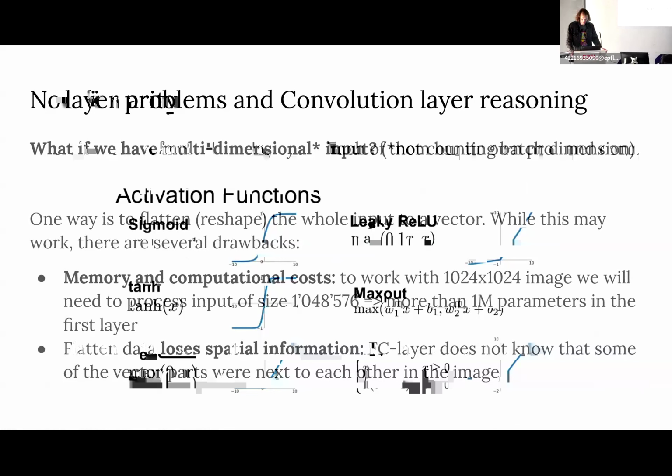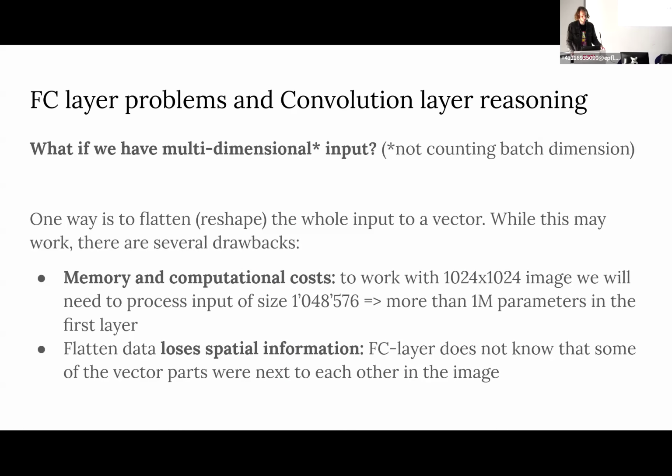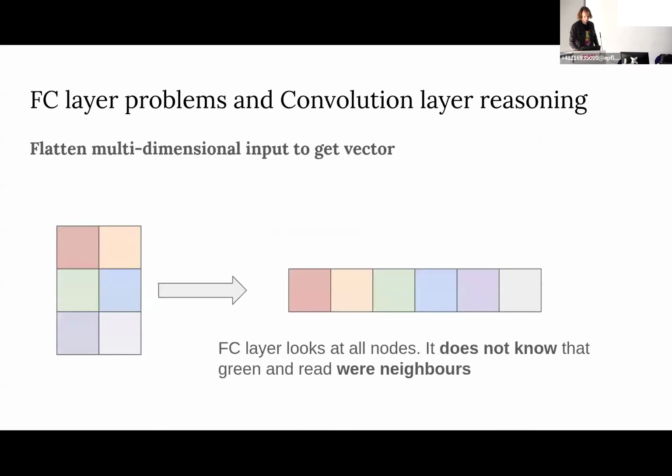One way, as already written by someone in the chat, is to flatten or reshape the whole input to a vector. It's something like this. We have a matrix and we take its first row, then we take its second row and put it here. Then we take its third row and put it here. And the result is a vector. So that's what flattening means.